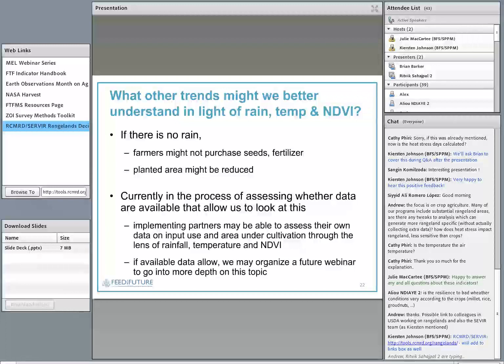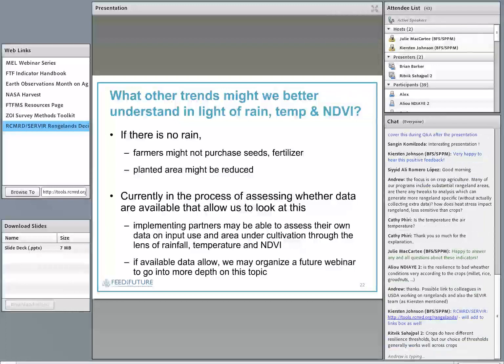They also might reduce the area that they plant for that season because they expect more losses. So again, while our initial focus, as we're just starting to work with these contextual variables, is to try to interpret yield levels and trends.